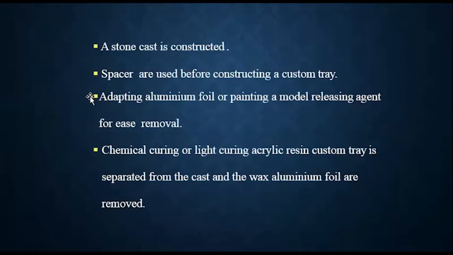You pour a stone cast, then as usual you make a spacer, and adapt a spacer, either aluminum foil or wax. Then you make use of a chemical cure or light cure acrylic resin. Then you fabricate a custom tray. Then you remove the spacer and make the impression.